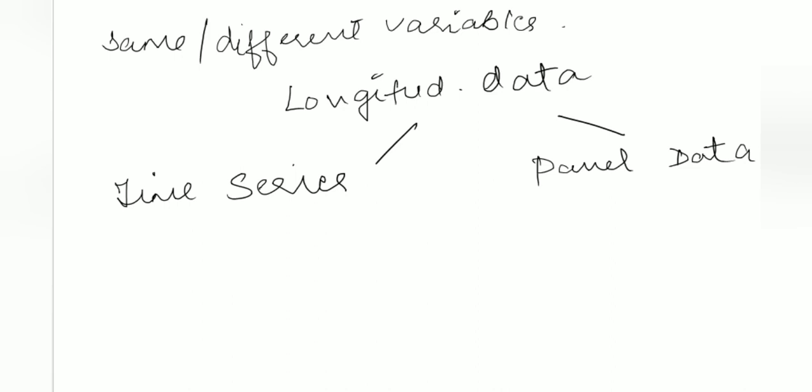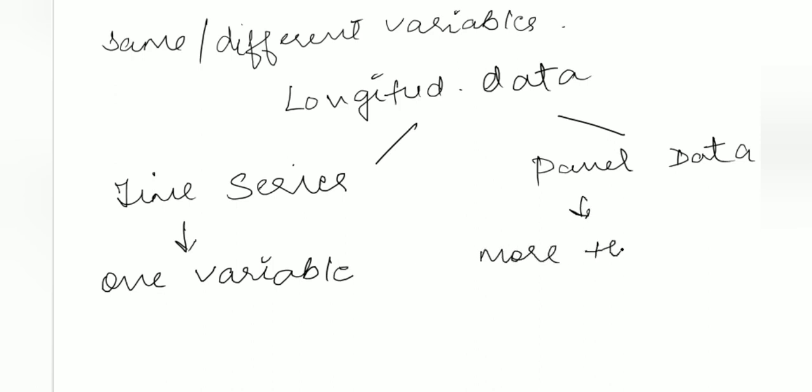To understand it in a simple way, time series deals with one variable. Panel data deals with more than one variable.